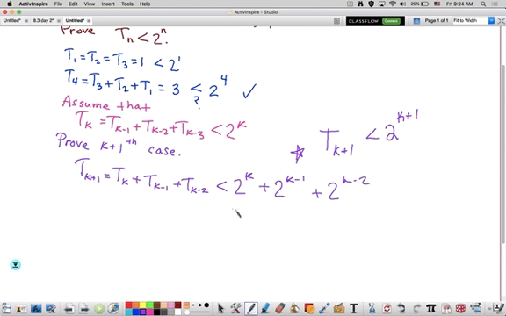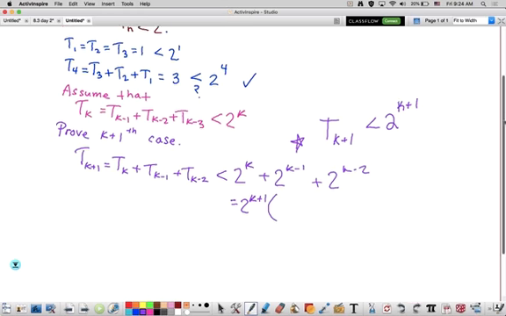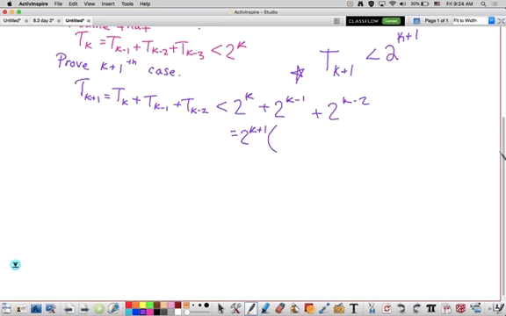This is equal to, let's see, 2 to the power of k plus 1. If you factor that out, then what's left here? From this guy, 1 over 2. 1 over 2. What's left here? 1/4.